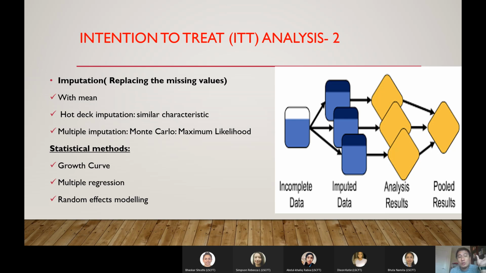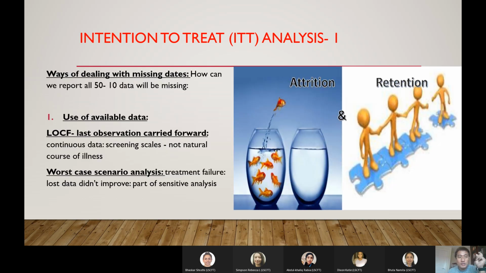And if they ask about different graphs, it can be growth graph, multiple regression, and random method for the missing data. So the question might be, they have used intention to treat analysis, out of these three, which they have used. The three options might be last observation carried forward. If they give a rating scale, the answer would be last observation carried forward.